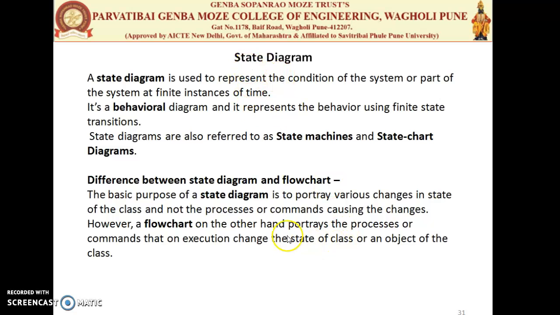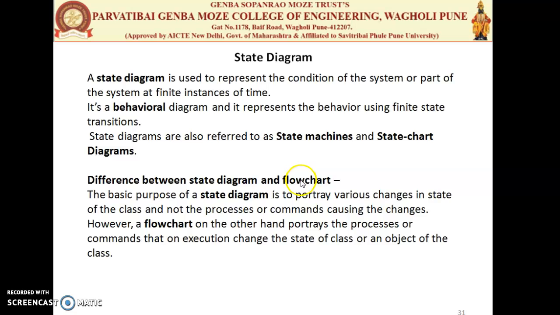In a state diagram we have the change in the state of the object. Depending on the object's state changes, the transitions go from one state to another. That is the basic difference between the state diagram and the flow chart, because both look quite similar, but there is a difference.